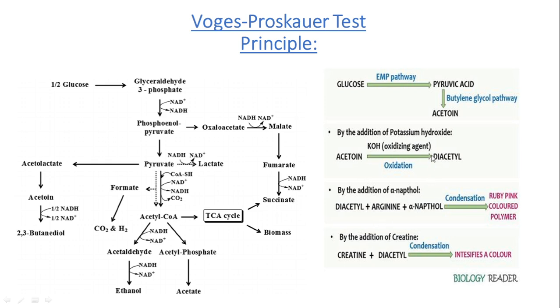The acetoin is converted into diacetyl because of the oxidizing agent KOH and the presence of alpha naphthol. The diacetyl combines with arginine, the amino acid present in the culture medium, and these three compounds all together condense into a complex which is red or ruby pink in color. And if we add creatine, then we can further intensify the color.